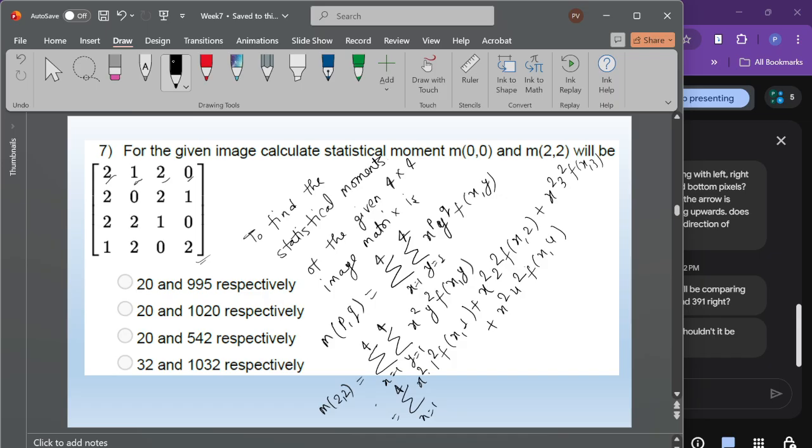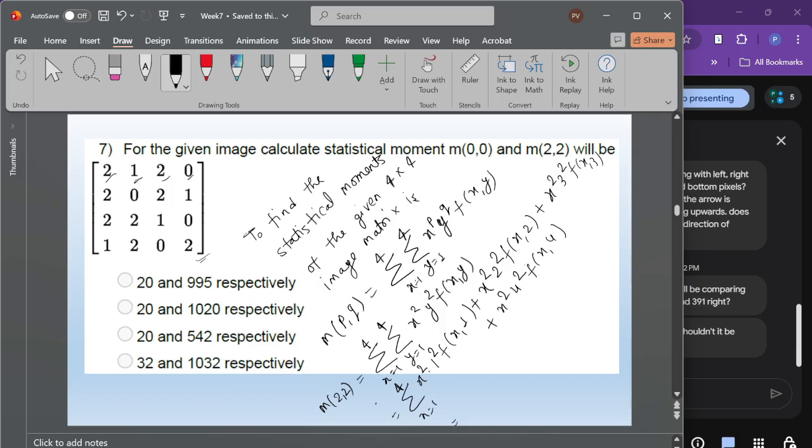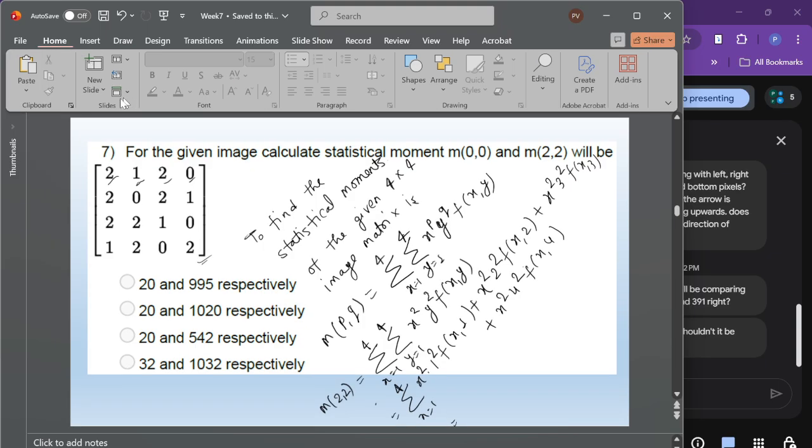Now similarly we need to open for the x as well. Just open this summation. Here there will be a long summation, so I'm just taking the next slide because it will be long.